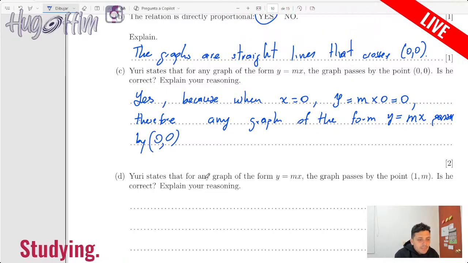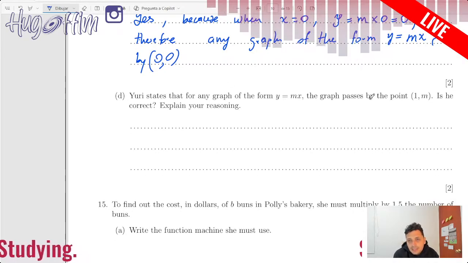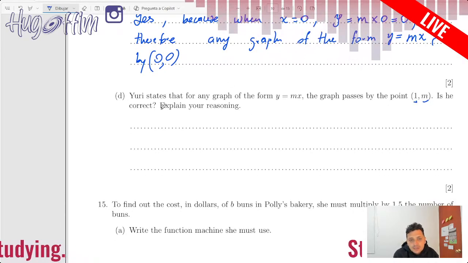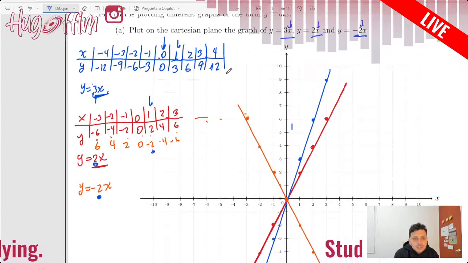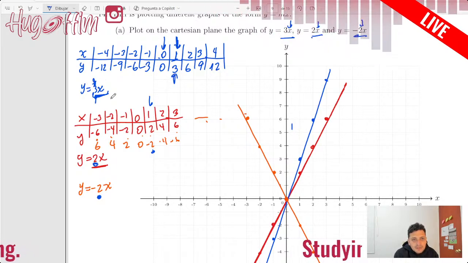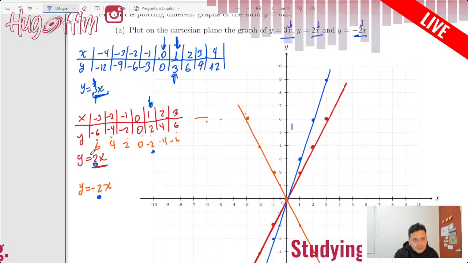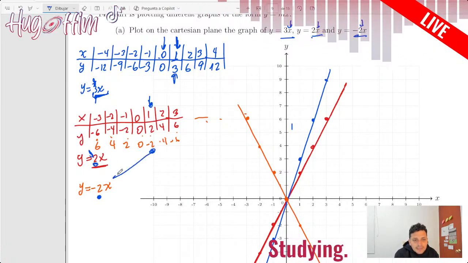That's it. In this one, Yuri states that for any graph of the form y equals mx, the graph passes by the point 1, m. Is he correct? Explain your reasoning. If you go to the graph here, you can see that when x is 1, you get m3. When x is 1, you get m2. When x is 1, you get m negative 2.